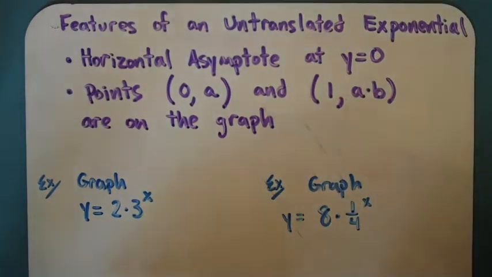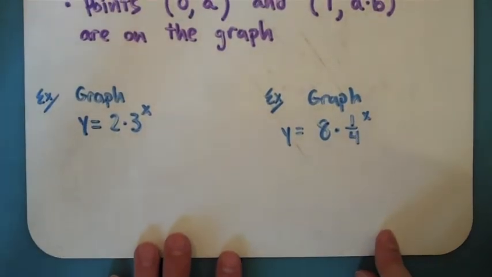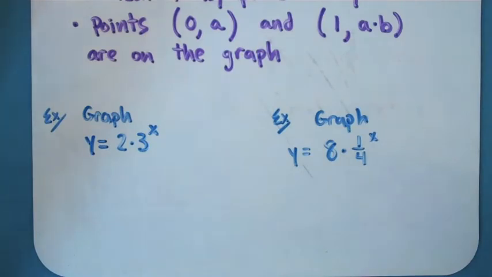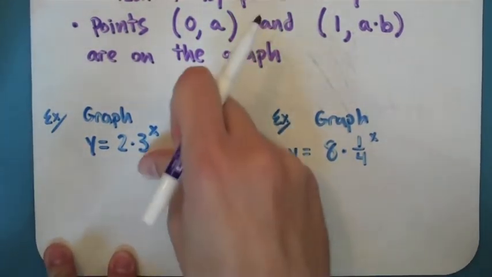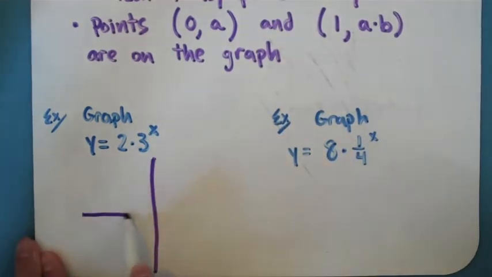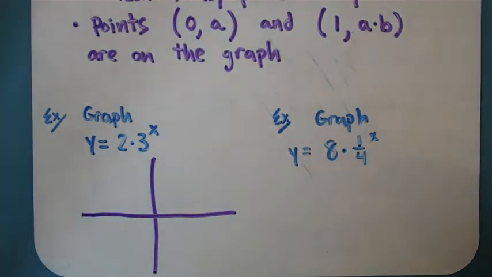You'll see how this works and why it makes sense when we start doing our examples. So there are my rules. I'll try to leave those on the screen. I want to graph y equals 2 times 3 to the x. To start, I know there's going to be an asymptote on this graph, and I'm going to draw it in with a little dotted line so I know where the tail of my graph is supposed to go.